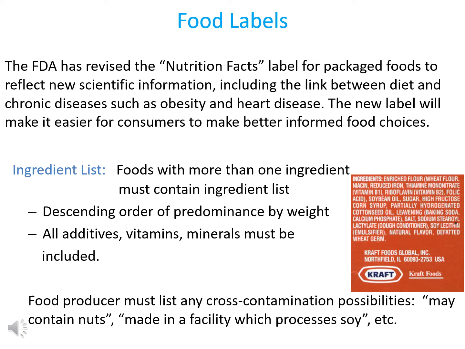If these are potentially in the food, or they might be exposing the food within the facility itself, you will often see the statements may contain nuts, made in a facility which also processes soy or nuts or milk or wheat, etc. Because we seem to have a much larger amount of the population who are now experiencing food allergies, this is now a mandatory part of the label itself.